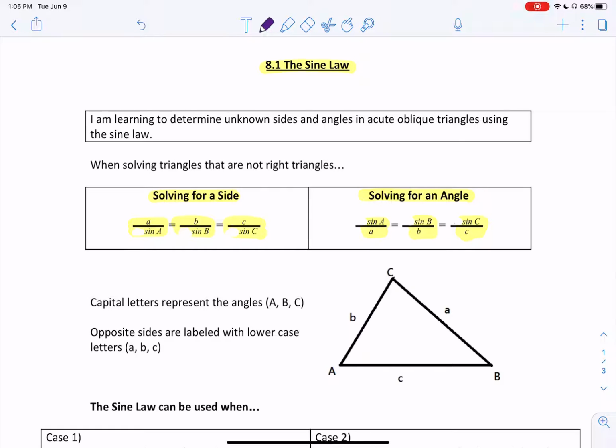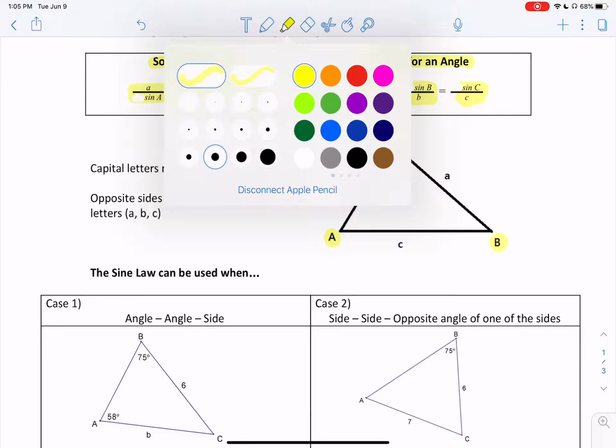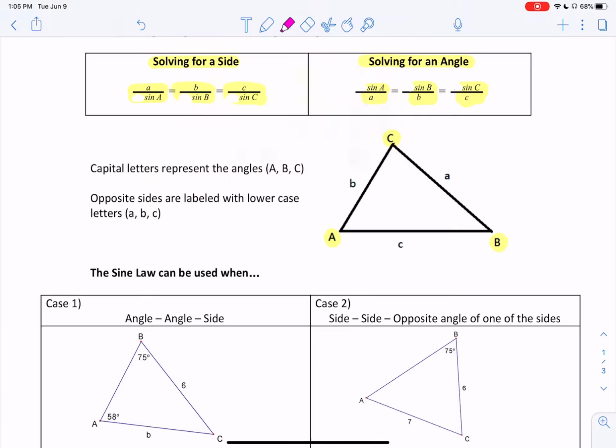But before we get started, we have to go over how to label our not right angle triangles. So when I have a triangle and there is no right angle, the first thing I'm going to do is label my angles with capital letters. So if you see here, I have big A, big C, and big B. And then right across from each capital letter is the corresponding side.